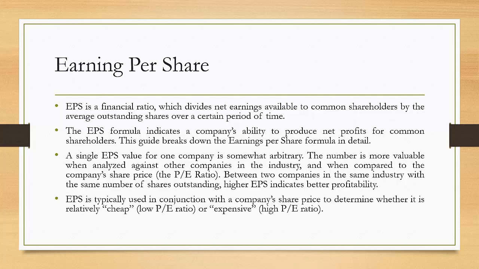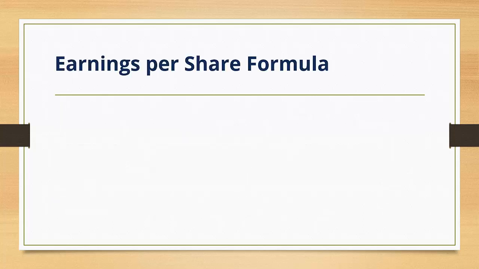EPS is typically used in conjunction with the company's share price to determine whether it is relatively cheap or expensive. Cheap means low price to earning ratio, and expensive means high price to earning ratio. Let's have a look at the EPS formula.